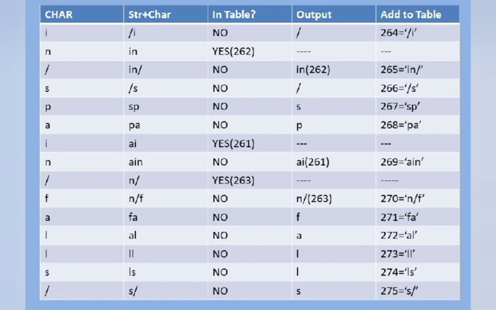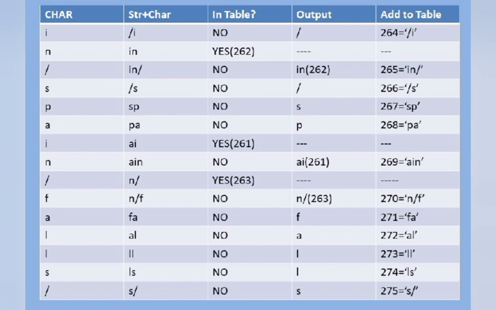After this point onwards, we'll see whether this string, after joining with the next character, is present in the table or not. So this time we will join with slash, and we'll look in the table again.